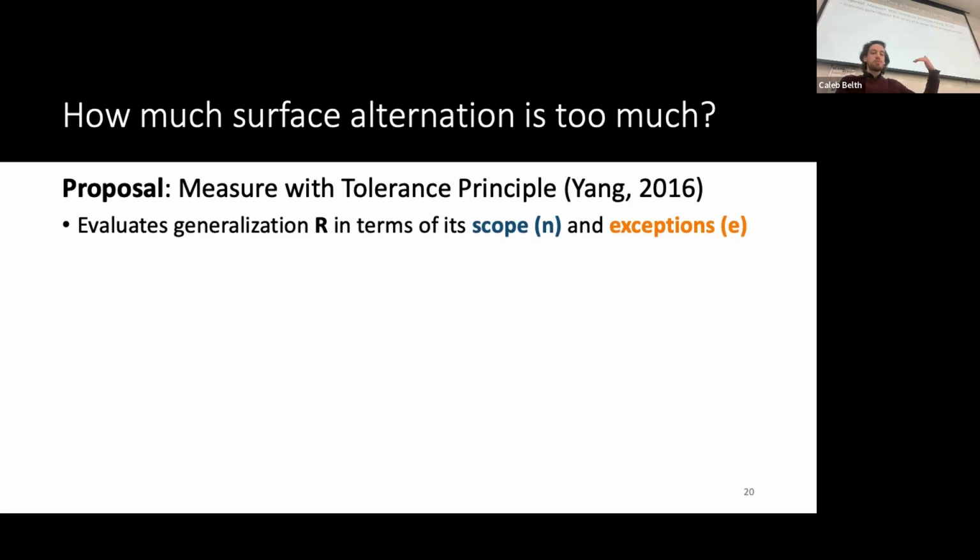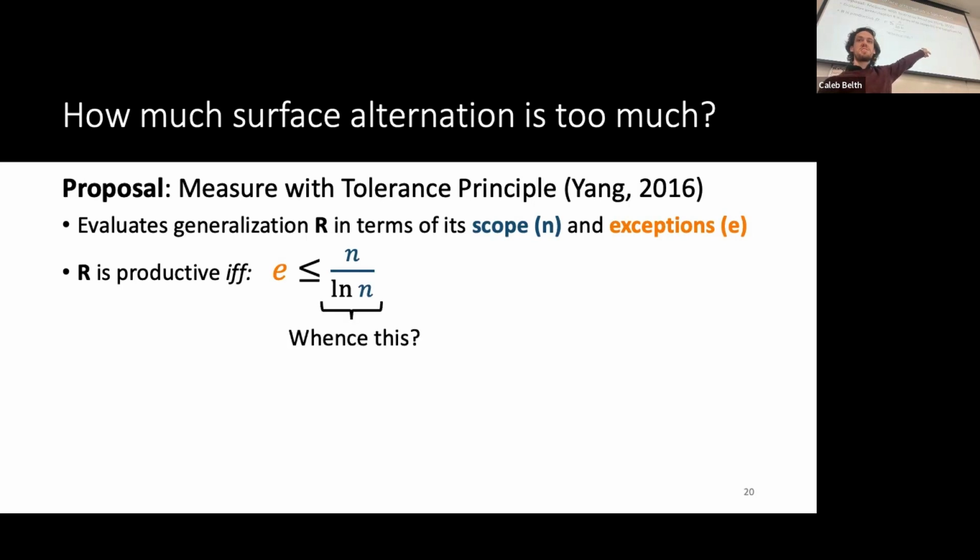And the other number is E, the number of exceptions to the generalization, number of things that just don't follow it. And then the tolerance principle states that R, this generalization, is productive if and only if E is less than or equal to this threshold, N over the natural log of N.